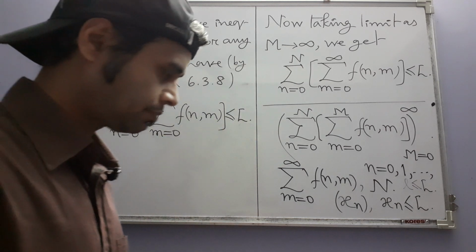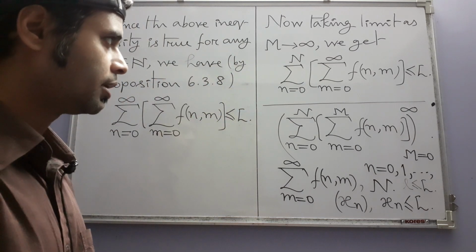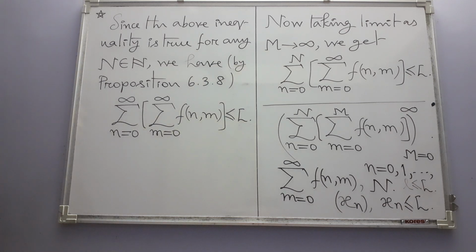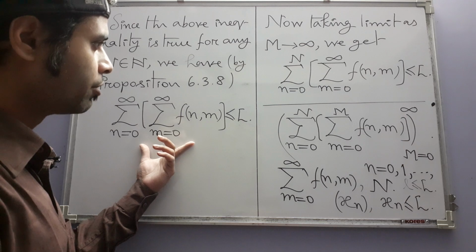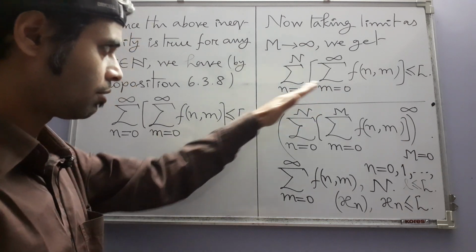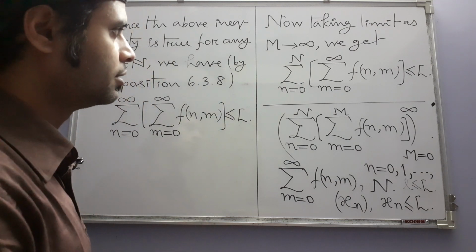Again, how? And suddenly again proposition 638 is making an appearance. Now let's see. This conclusion is not exactly like the conclusion that we obtained from that one, which was here, which involved only finite series.